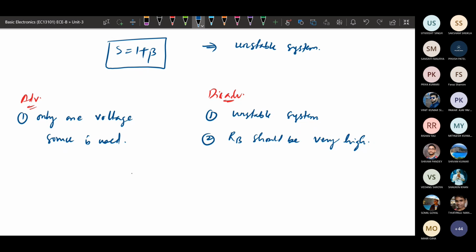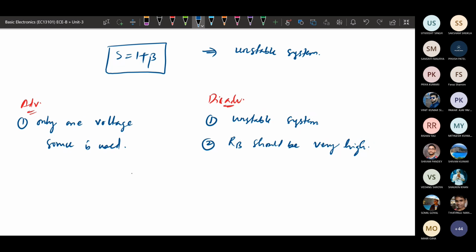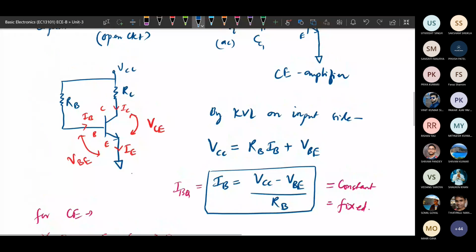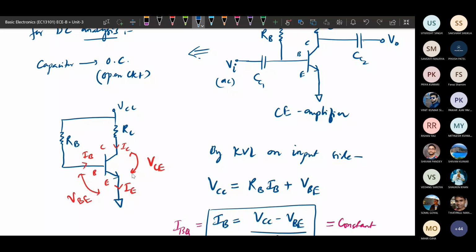Next, in the previous class we were biasing the input side, so we were calculating the IB value. Once we calculated the IB value, with respect to that we were getting IC and VC. So the main motive is to decide IB. IB can be decided by using a separate voltage source, but for designing a circuit we should avoid using multiple voltage sources.